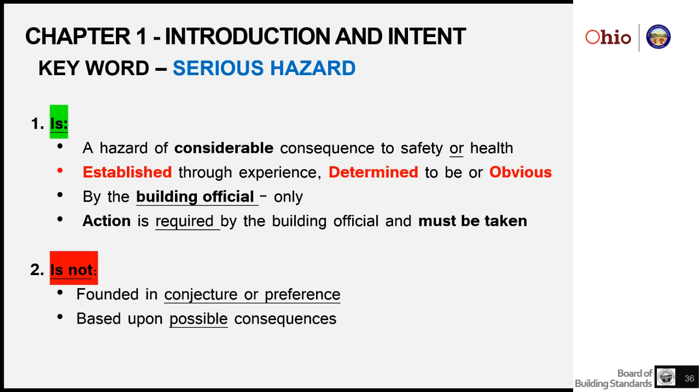The understanding of considerable is that it is imminent, it will endanger life and safety. The litmus test I often refer to is, if you observe a condition and you think it is a serious hazard, you'd better be thinking about getting people out of that building, out of that area, so that nobody gets hurt as a result of that condition.